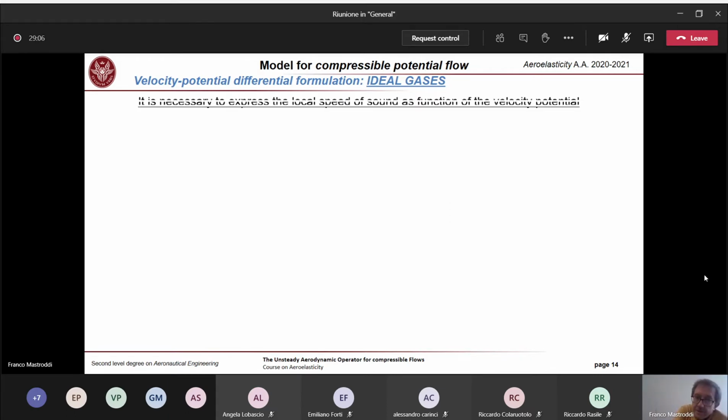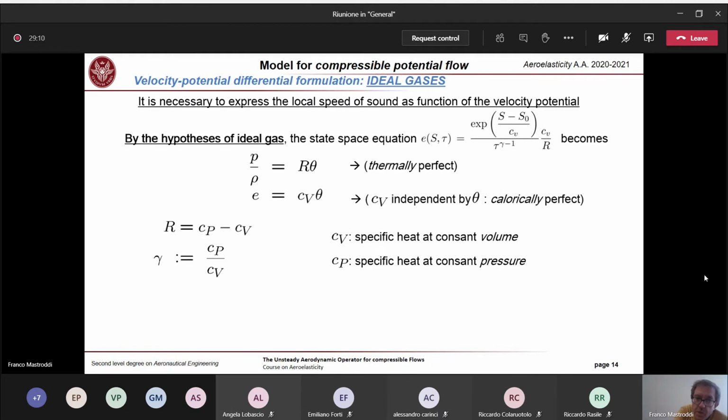Next, the issue of ideal gases. Now we have only to solve the point of the speed of sound propagation.